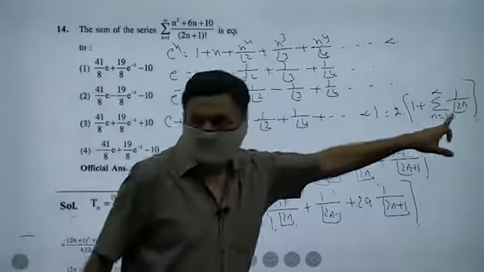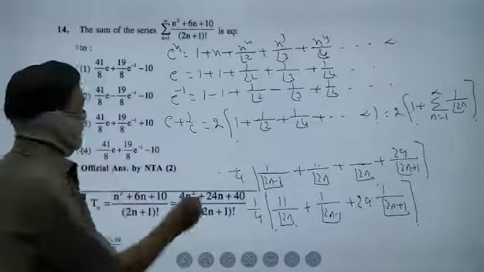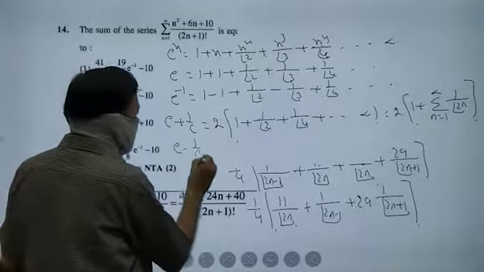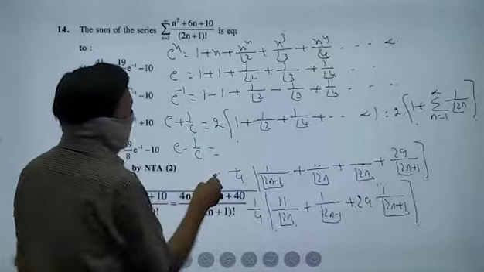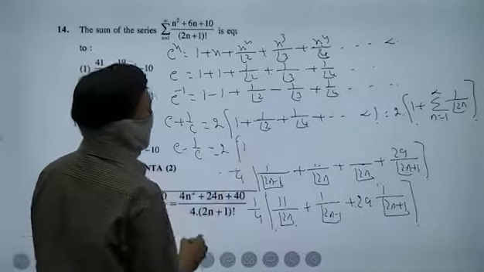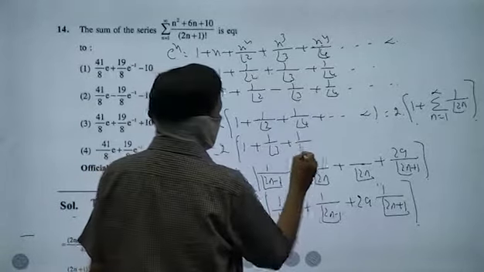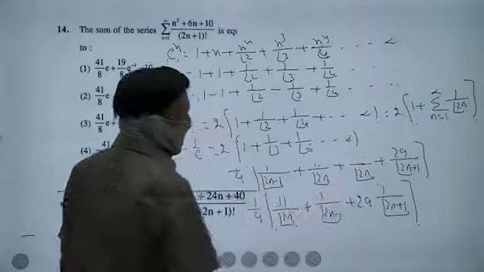Correct? Next, e minus 1 by e, subtract: 2 into 1 plus 1 by factorial 3 up to infinity.